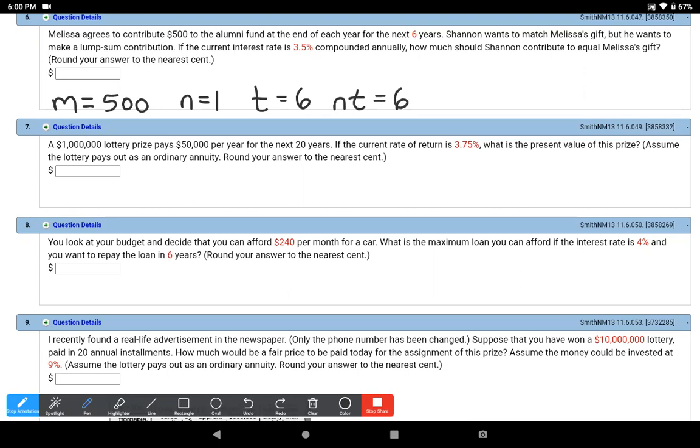Shannon wants to match Melissa's gift, but he wants to make a lump sum contribution. If the current interest rate is 3.5% compounded annually, how much should Shannon contribute to equal Melissa's gift? So these are the numbers that we're looking at for number 6.